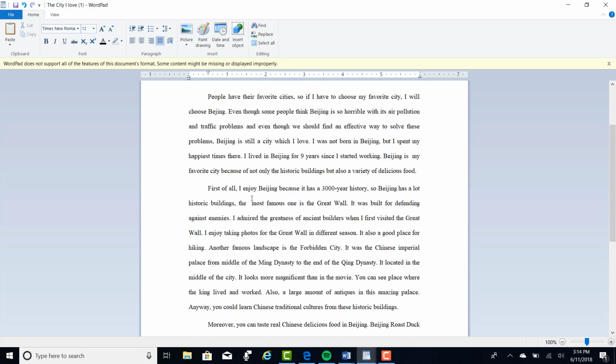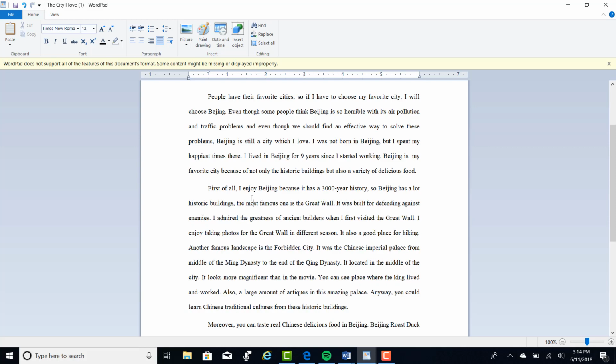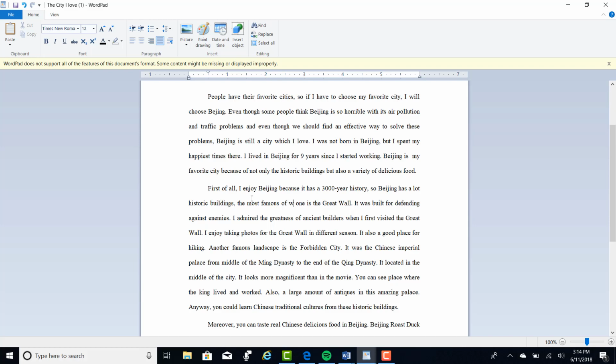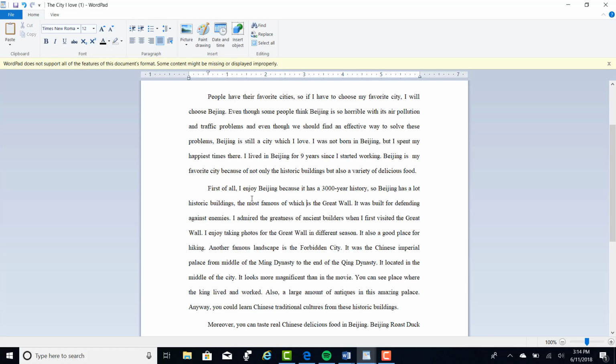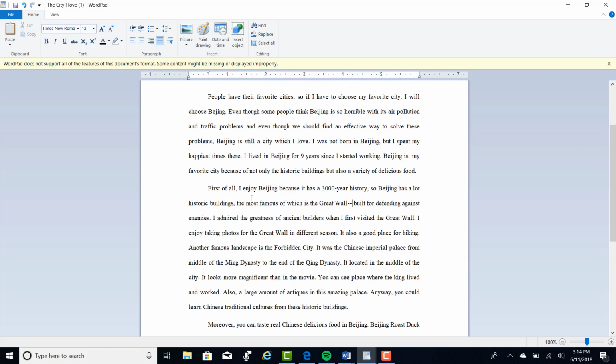So the most famous of which is the Great Wall. And then let's use a dash, and put built for defending against its enemies.